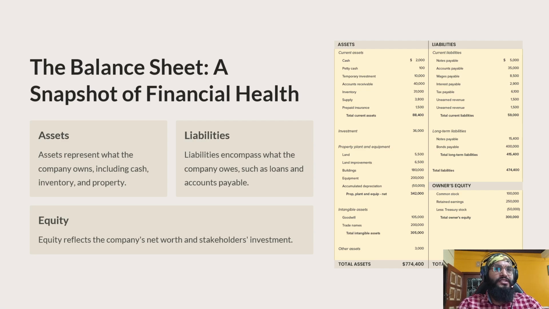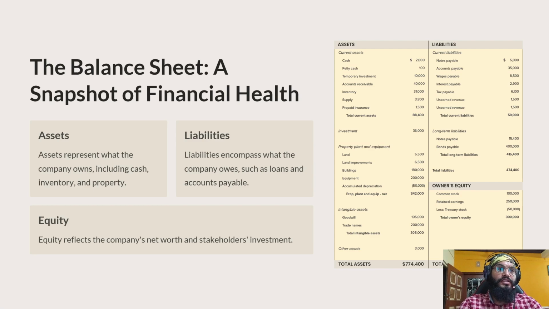So the balance sheet serves as a company's financial mirror. It reflects all the assets, liabilities and equity at a specific point in time in an organization, and it answers the fundamental question: what does the company own, owe and retain as net worth?